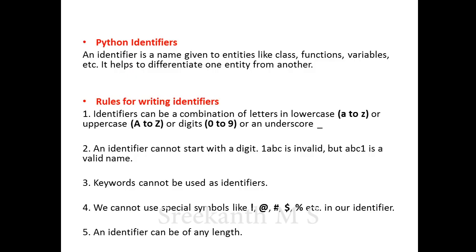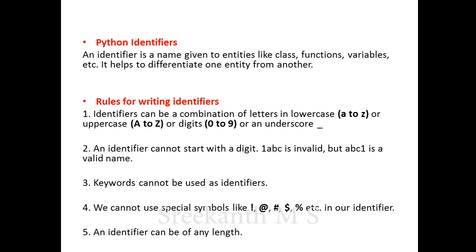Now we will discuss identifiers, Python identifiers. As we all know, an identifier is a name that is used to identify entities or things, functions, variables in a programming language.